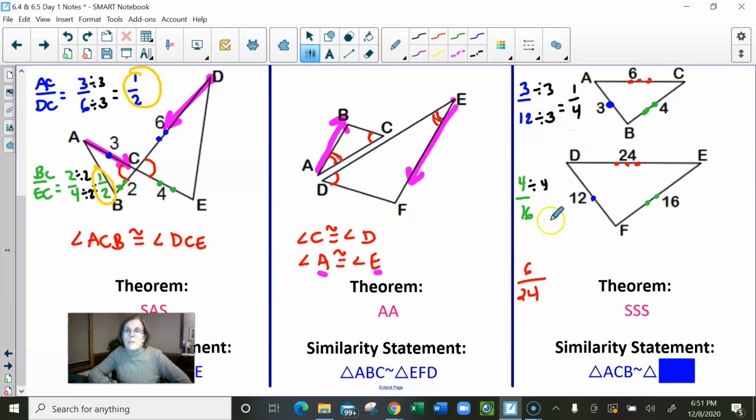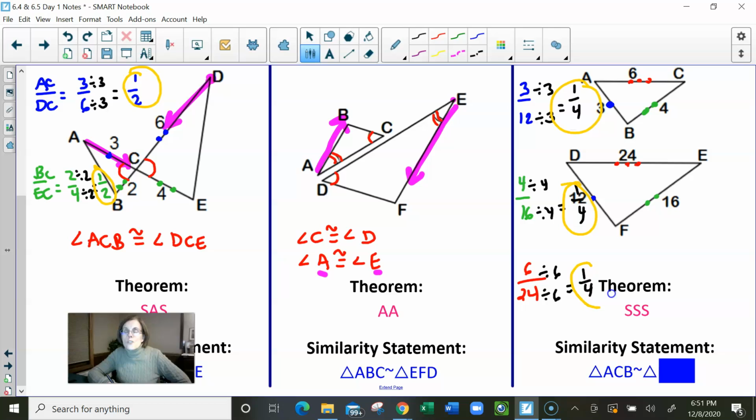I can divide those by 3. I can divide top and bottom by 4. I can divide top and bottom by 6. So I have all of my corresponding sides are proportional because they have the same ratio. They're all 1/4. So I can do side, side, side, similarity.